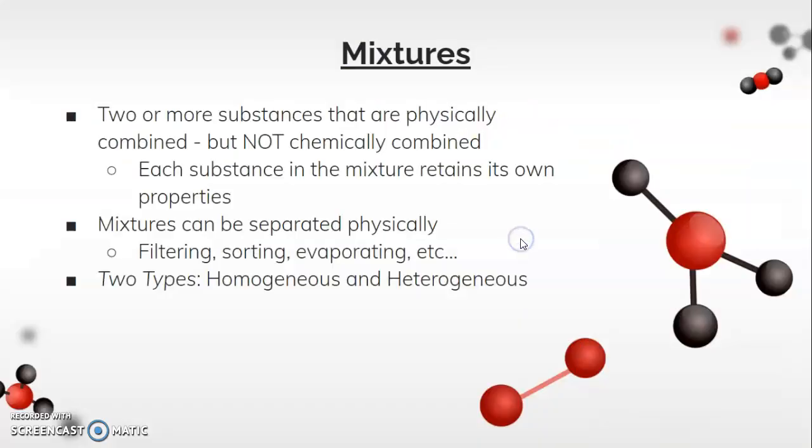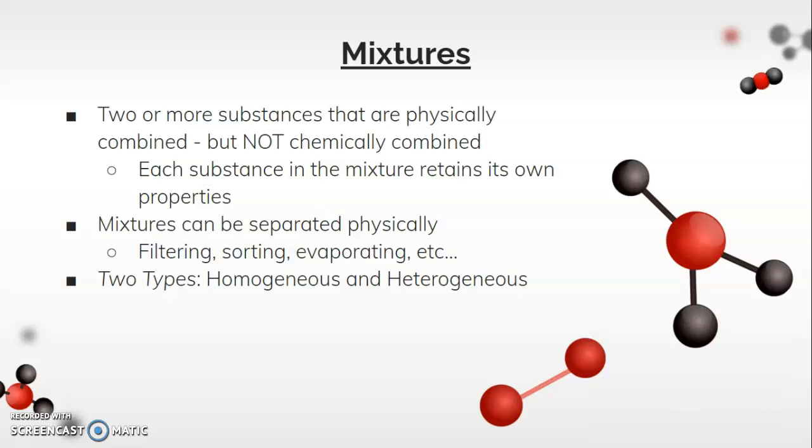Mixtures, once again, are when we have two or more substances mixed together, and now they are physically combined, not chemically. They don't have that strong chemical bond. They're just physically mixed together. Because there's not that chemical bond, each substance retains its own properties. So they are more loose.